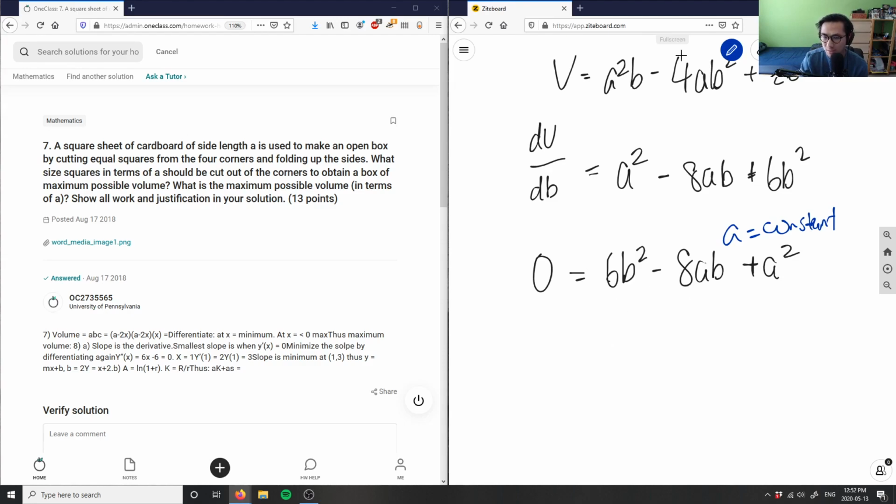Maybe I'll see if I can factor. I don't know if I can factor this, because again, A squared is a constant. I could common factor these two guys out, since I have a B that's common, so I have 6B minus 8A plus A squared, but it's not actually going to help me a lot.